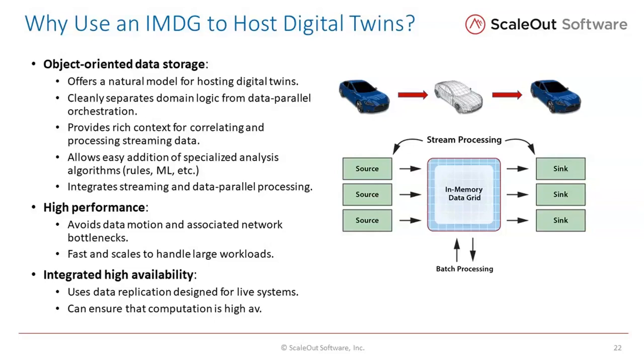In addition, as I mentioned, it provides for clean separation of the application code from our data parallel and event handling orchestration, in addition to allowing the user to incorporate specialized algorithms in a very clean, well-understood, object-oriented manner. And the net result is very high performance without network bottlenecks, unlike a traditional stream processing pipeline, and integrated high availability.